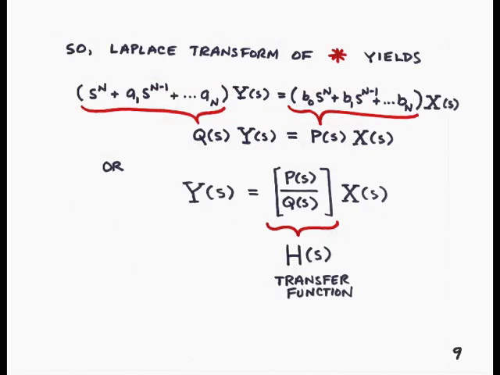Therefore, the Laplace transform of our differential equation Q(D) y(t) = P(D) x(t) is the following expression. We first have a polynomial s^n + a1 s^(n-1) through an, times Y(s), equals the polynomial b0 s^n + b1 s^(n-1) through bn, times X(s).